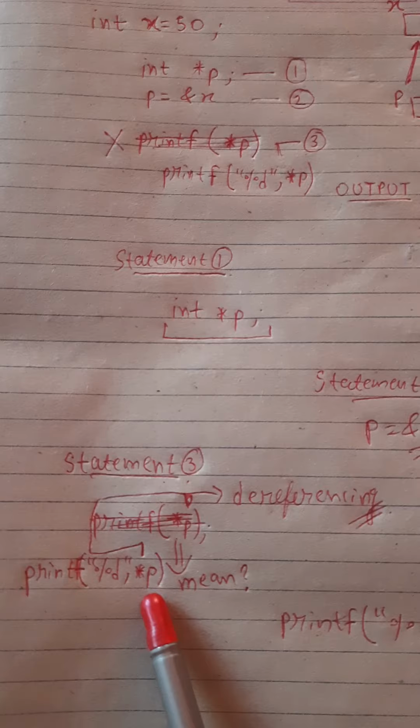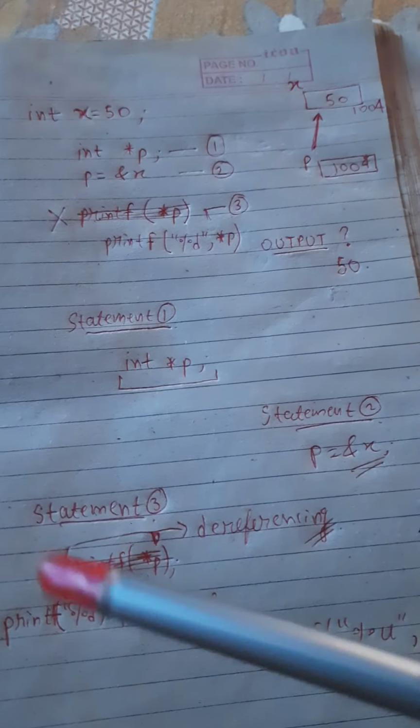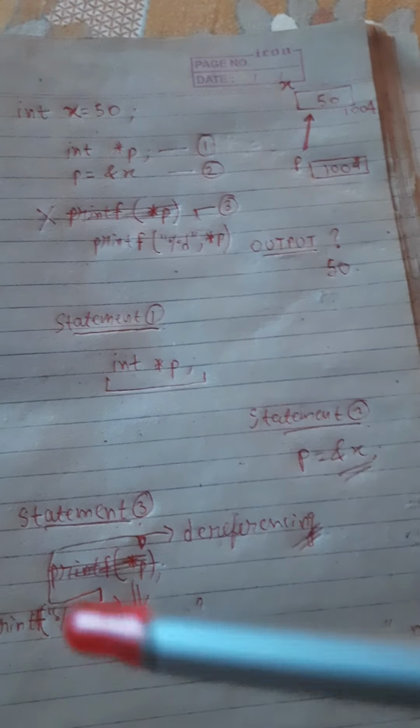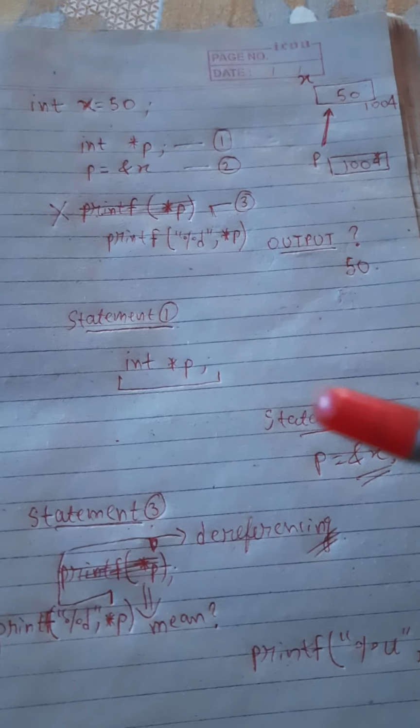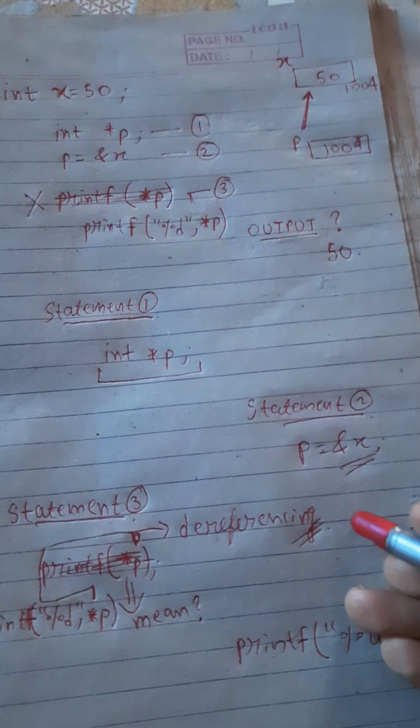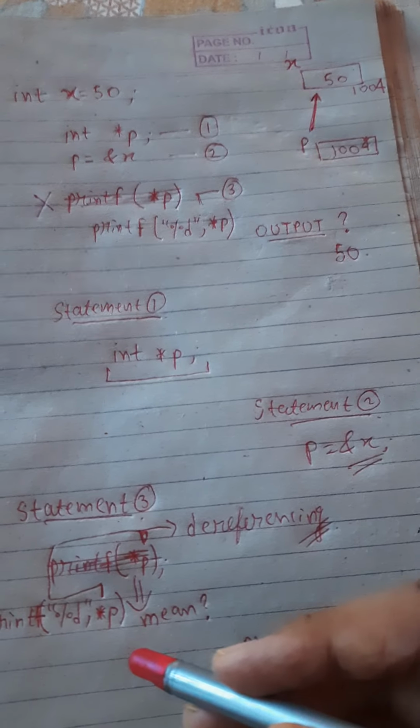But whenever we encounter star p in any kind of an executable statement, that basically means that since p is a pointer and p is pointing to some location, get me the value that is present in that location to which p is pointing and just print it here.